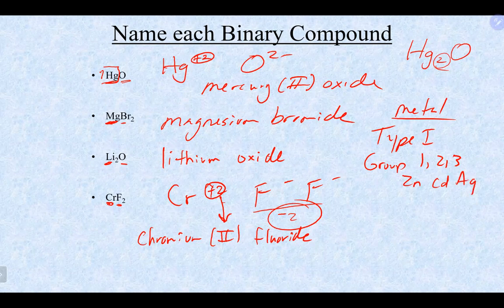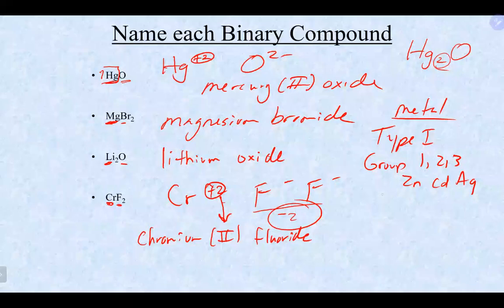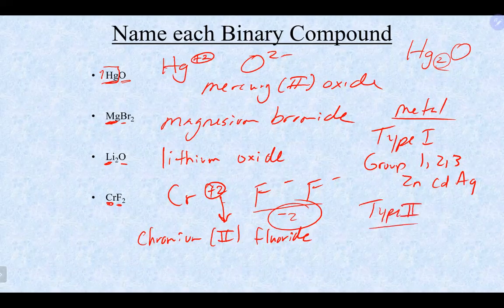And that's how you know it's type 1. You don't need a Roman numeral. Type 2 is pretty much everybody outside of that, which is really our transition metals. And just to the right of the transition metals, where you find things like lead and tin, in that area underneath the staircase, those guys tend to have variable charges, which means you do need to include the Roman numeral.